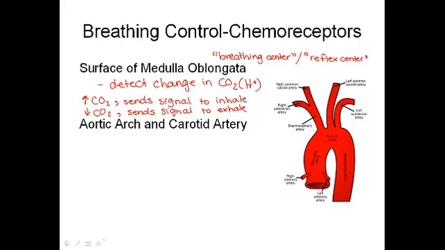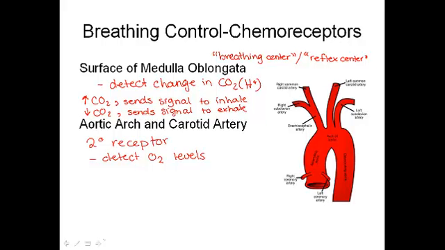We also have the aortic arch and the carotid artery for signaling. These are called secondary receptors because they're not necessarily detecting the amounts of carbon dioxide. They're actually detecting oxygen levels, and detecting oxygen levels have a very little influence on our normal breathing mechanism.